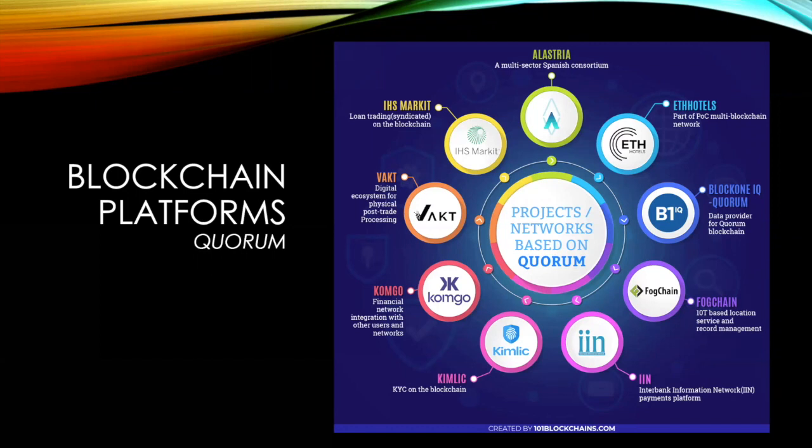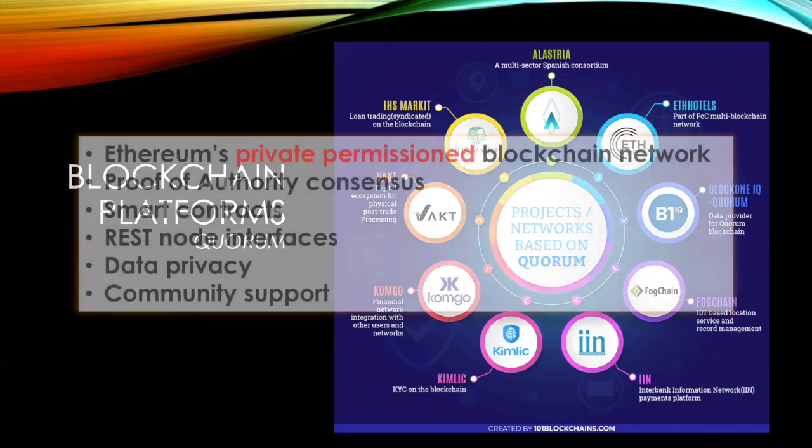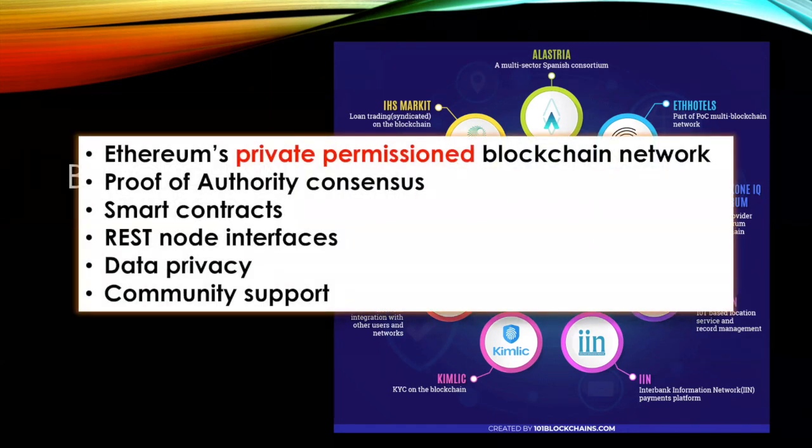Oh well, it has its own built-in digital value, a digital coin. So Quorum does the same thing, but it doesn't really use it as well or in the same way. So it's Ethereum's private permissioned blockchain network.